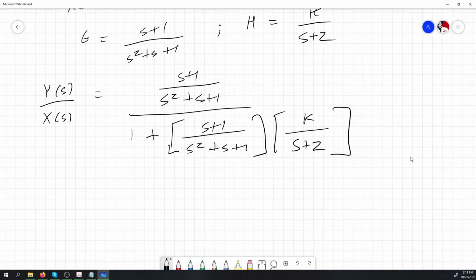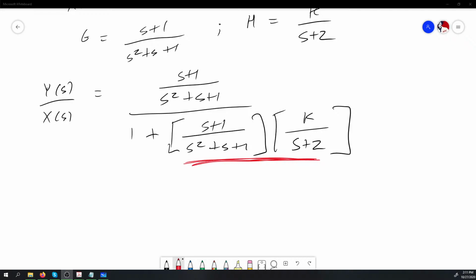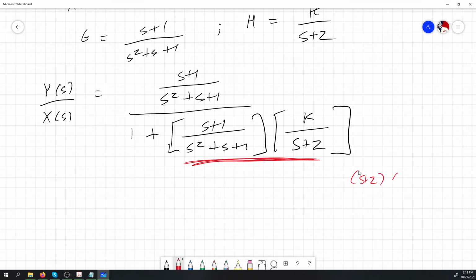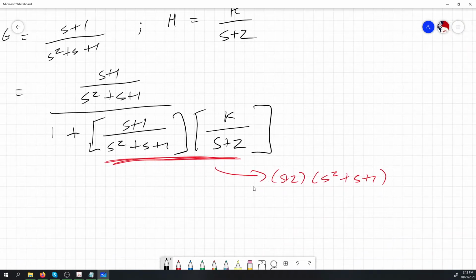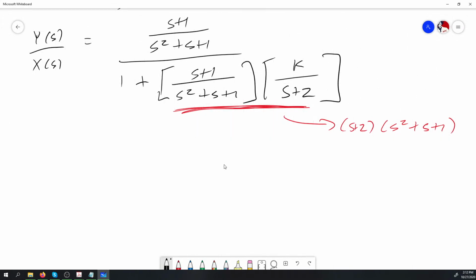We can see here that the denominator factor for the overall denominator is going to be a combination of these two factors. So we're going to have to multiply our numerator and denominator by that combined factor, s plus 2 into s squared plus s plus 1.